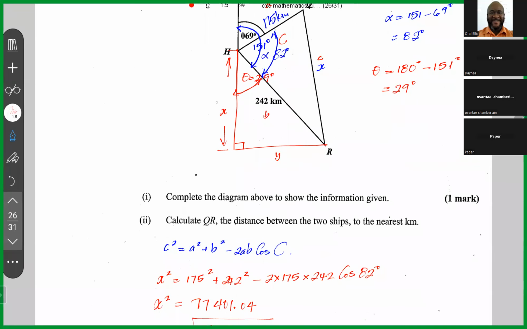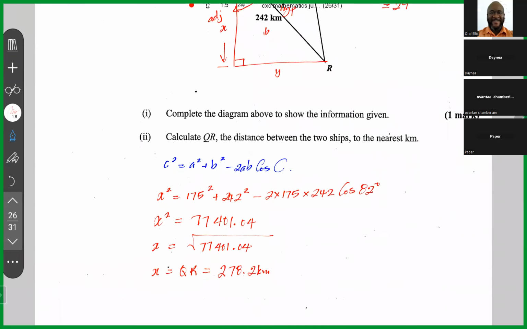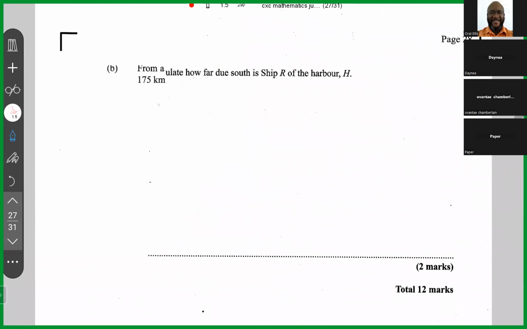X is adjacent to this angle, and the 242 is the hypotenuse. The trig ratio that includes adjacent and hypotenuse is cosine. So cosine of 29 degrees is equal to adjacent X over hypotenuse 242.